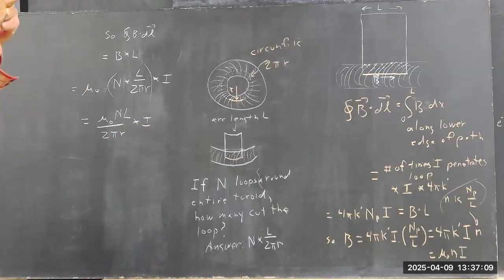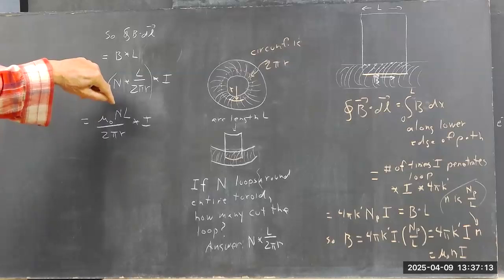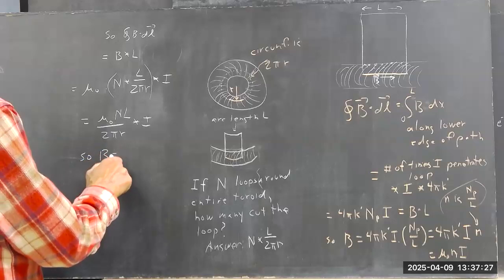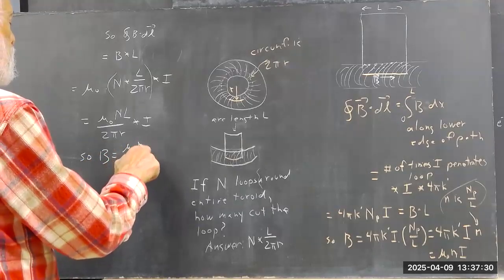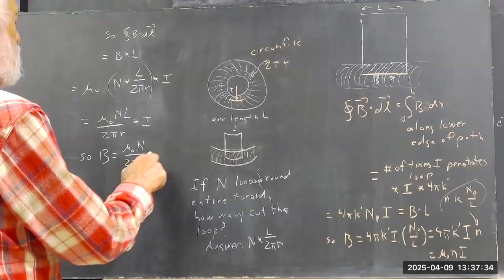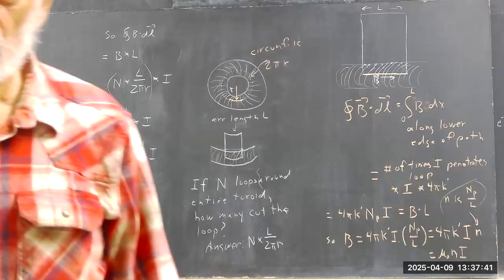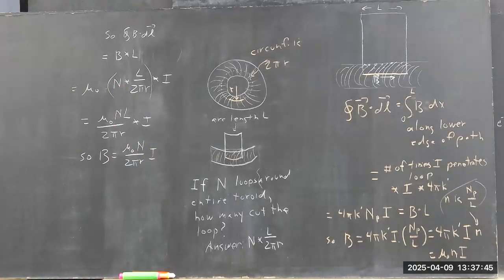Now, whether this is correct or not, I'll correct it if it needs to be. But if capital N stands for the number of loops around the entire toroid, this ought to be correct, so that we can solve for B and get mu naught N over 2 pi r times I. And that appears to be exactly what the textbook has.